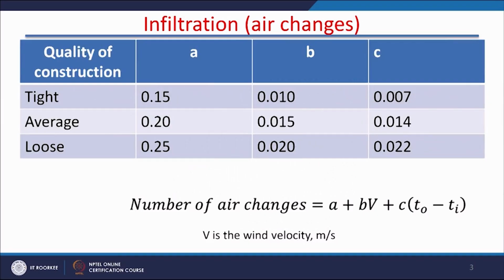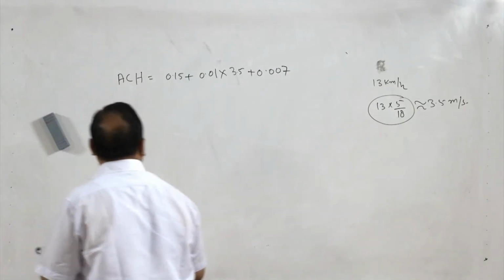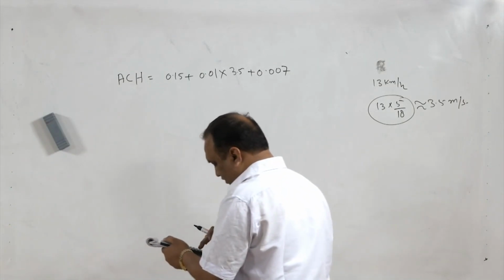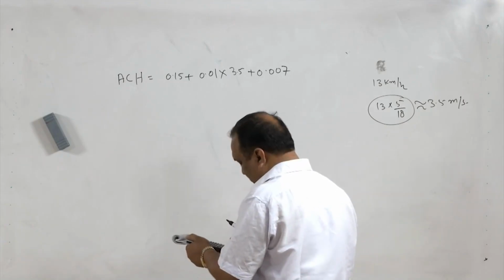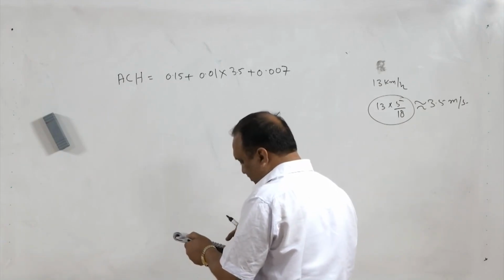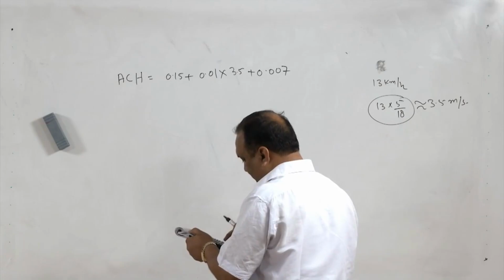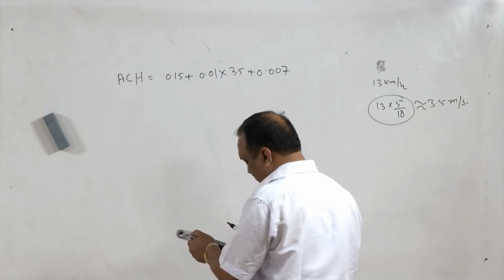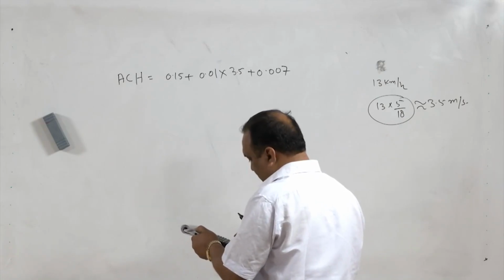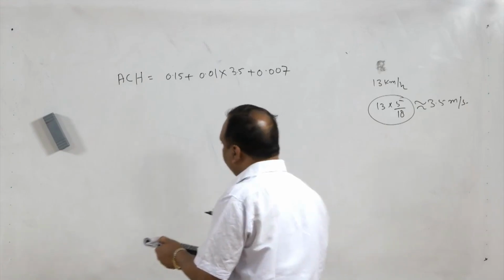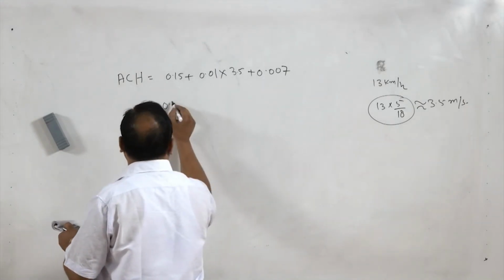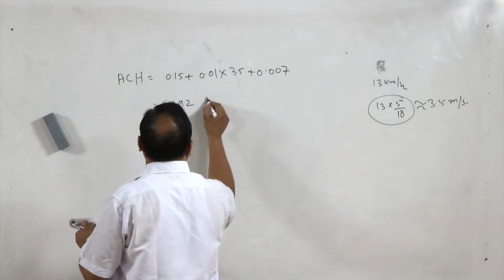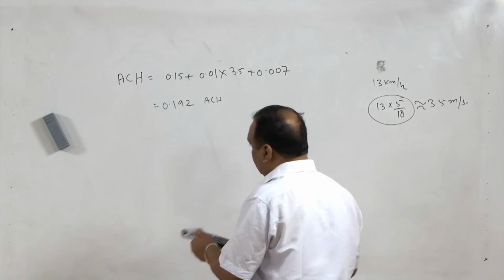Now if I solve this, 0.15 plus 0.01 into 3.5 plus 0.07, I will get the value 0.192 air changes per hour.